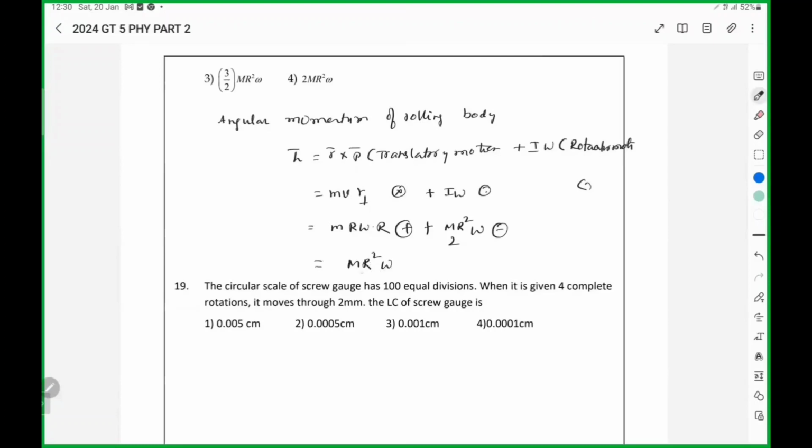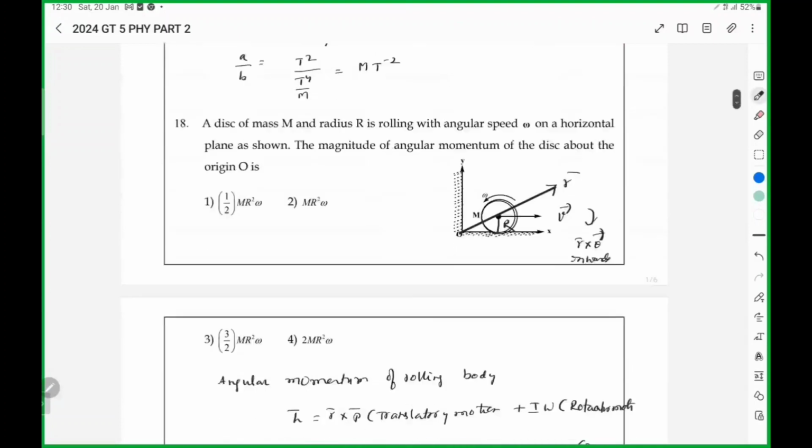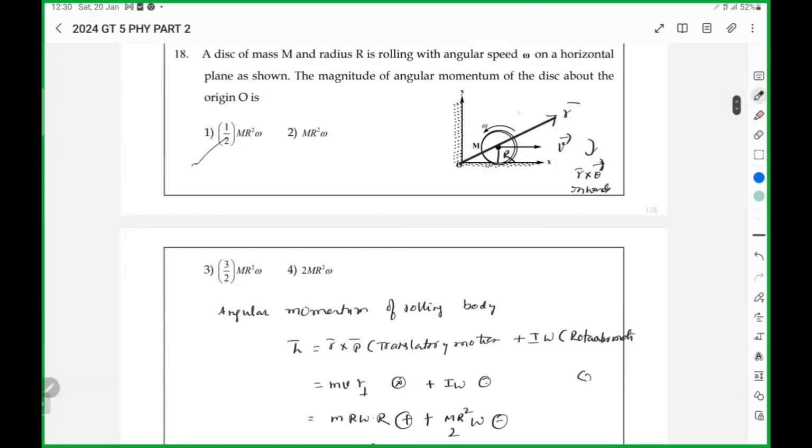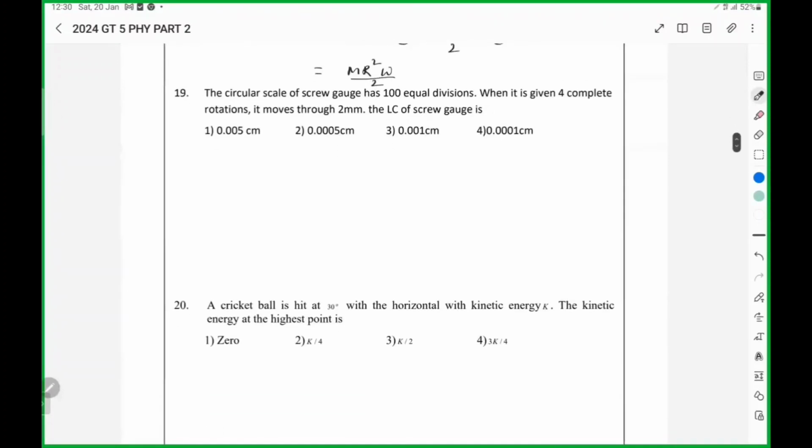MR square omega by 1 is clockwise, other is anti-clockwise, sign difference, angular momentum. Instead of angular velocity like this, then it will have 3 MR square by 2.